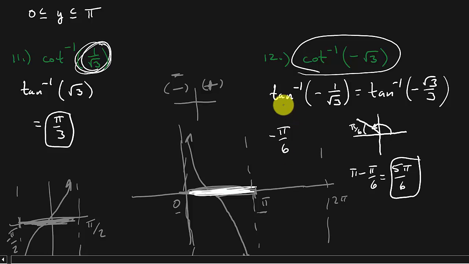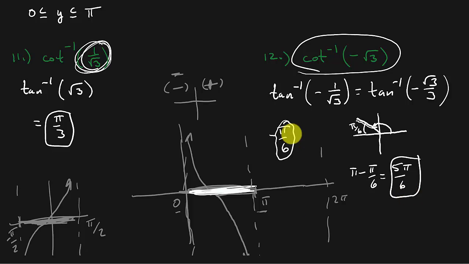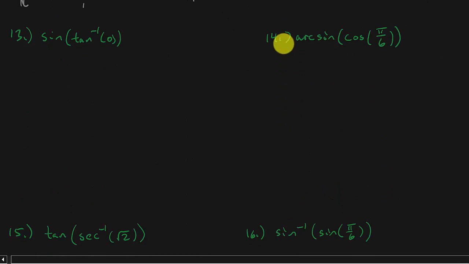Because in your calculator, you're doing the inverse tangent of a negative, so it's going to give you, based on the inverse tangent, negative pi over 2. But you've got to understand this and say, oh, but I'm doing inverse cotangent. So it's here, and I've got to use pi over 6 as a reference angle to get that second quadrant angle. So be real careful with that. Okay. All right, let's look at these.